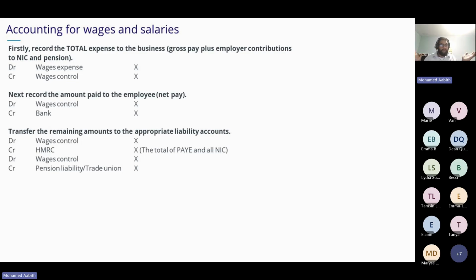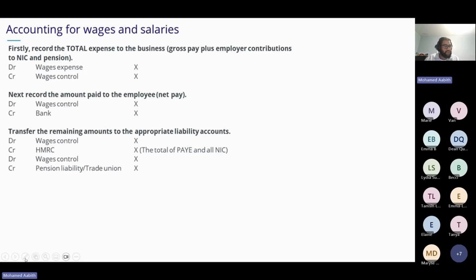Everything else is gone. All the parties have put their hands in there, taken their share, and you take the rest home with you. And then, of course, once you've calculated that pay, it will be paid from the bank account. And then, of course, you're going to use these accounts to account for your liabilities. But what you see there is one account in common, the good old wages control account.